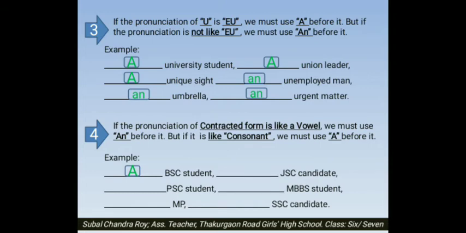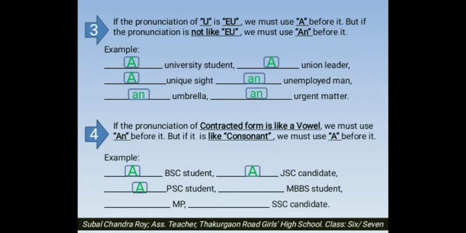So we have to use "a JSC candidate". And then PSC student, P. So we have to use "a" here, a PSC student. And the next phrase is MBBS student, MBBS, M.